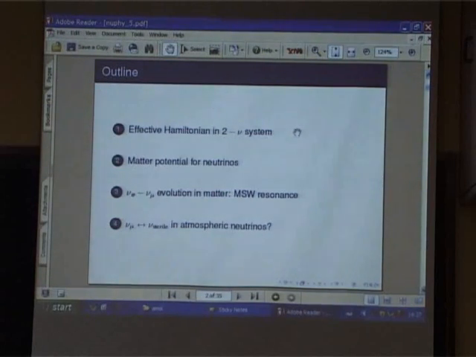So we will go with this formalism with vacuum. Then we will look at the matter potential for neutrinos. At the end of this, we will try to look at 2 different situations. It will turn out that matter potentials are important if you want to look at evolution due to mixing between nu_e and nu_mu.